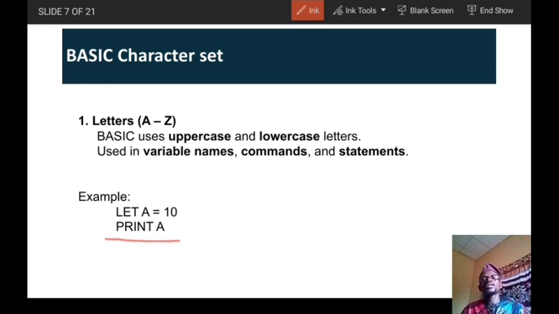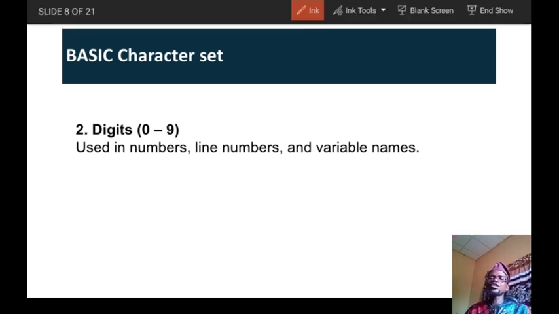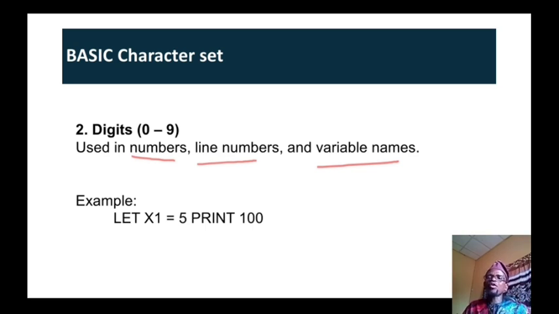Let us look at another character set, digits, 0 to 9. It is used in numbers, line numbers, and variable names. As we progress in this class, we shall be talking about numbers, line numbers, and variable names. So let's continue. An example of how digits are used in BASIC is LET X1 = 5.